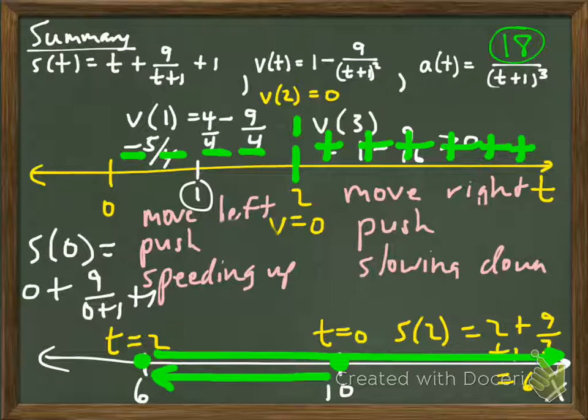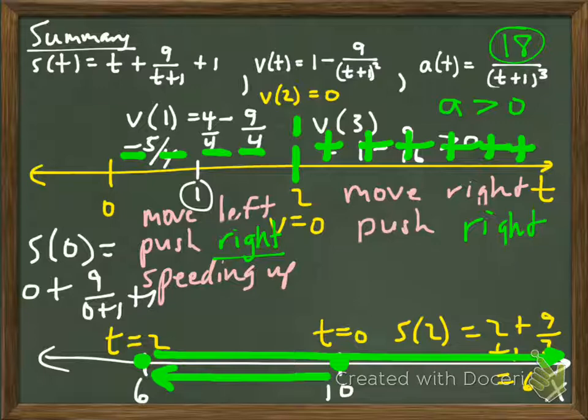If the acceleration is always positive, it means it's always pushing right, and so when moving and pushing are going in the same direction, we are not slowing down, we are speeding up.